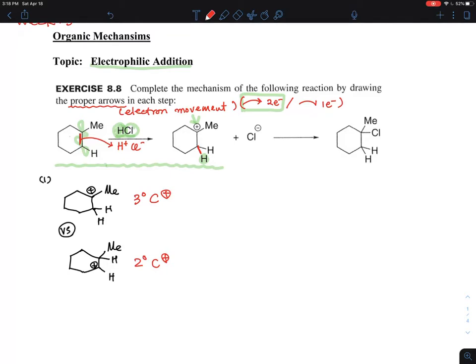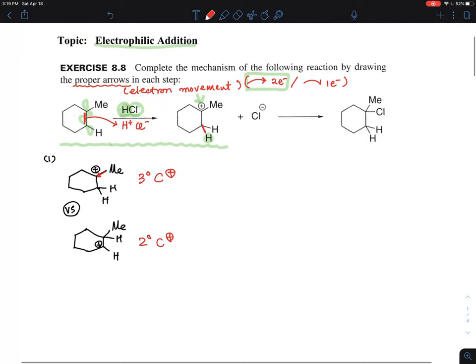The most important distinction is that this methyl group is an electron donating group. The carbocation, which has only 6 electrons, loves to have a neighboring attachment giving electron density, an electron donating group. So the stability of the carbocation rises. This is more stable.